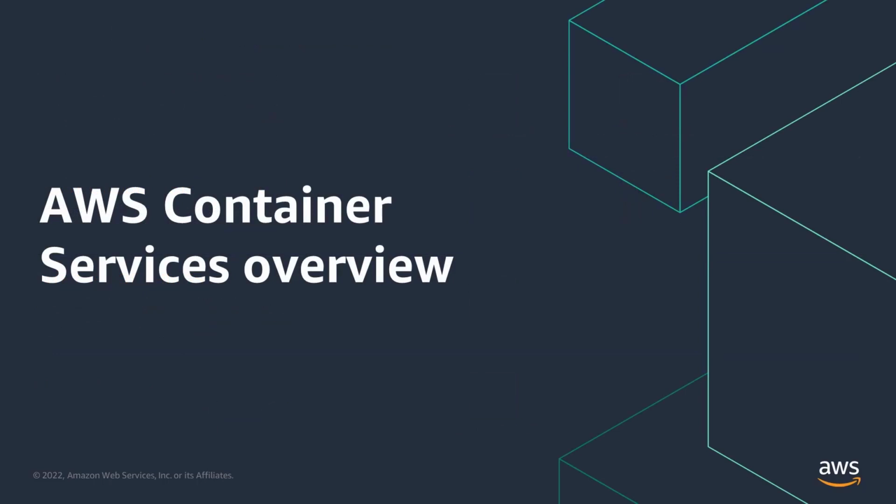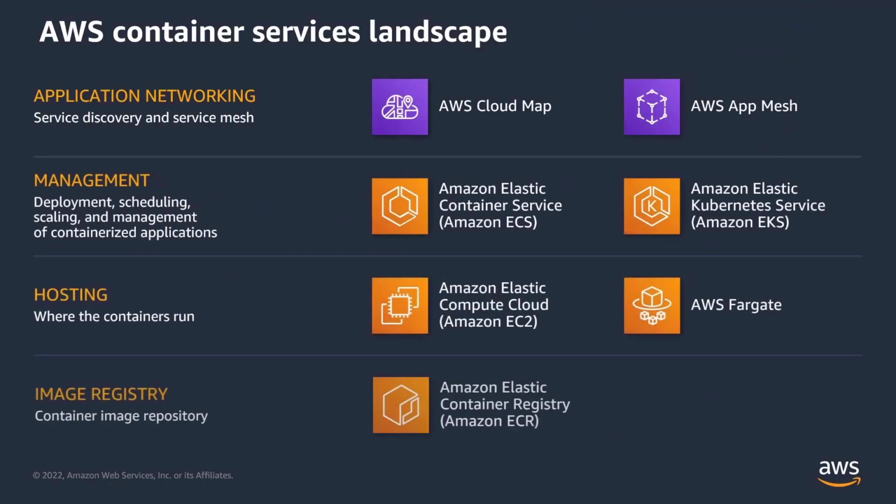And today, let's dive a little deeper on the landscape of container services at AWS that you can choose from. AWS delivers a complete portfolio, and their specific container services today are, as you can see on the screen. For application networking, you can choose AWS Cloud Map and AWS App Mesh. For management of containers, as we've covered before, you can choose between Amazon Elastic Container Service, or ECS, and Amazon Elastic Kubernetes Service, or Amazon EKS.